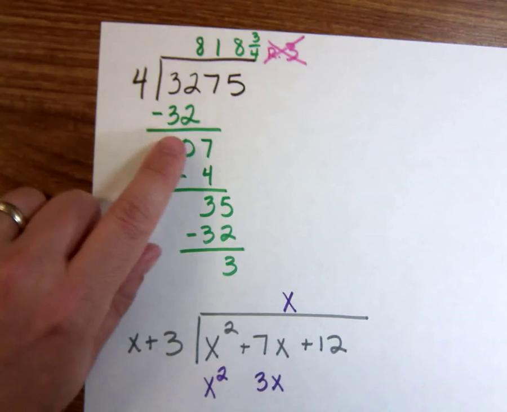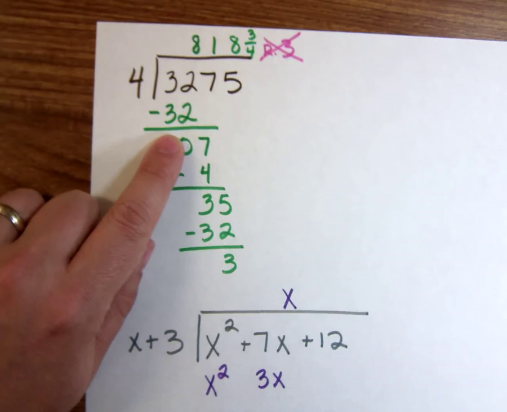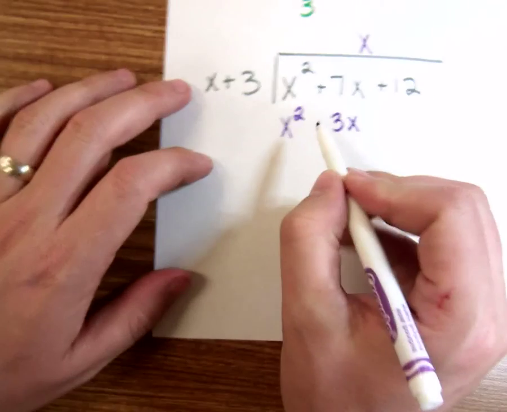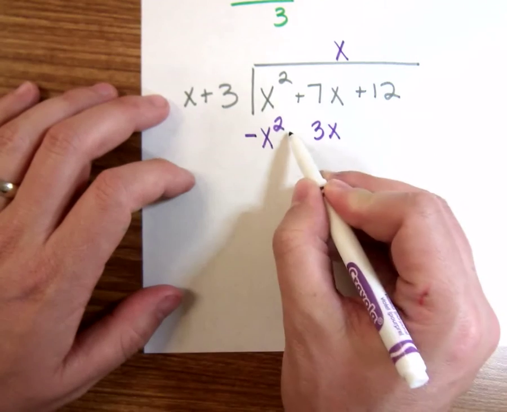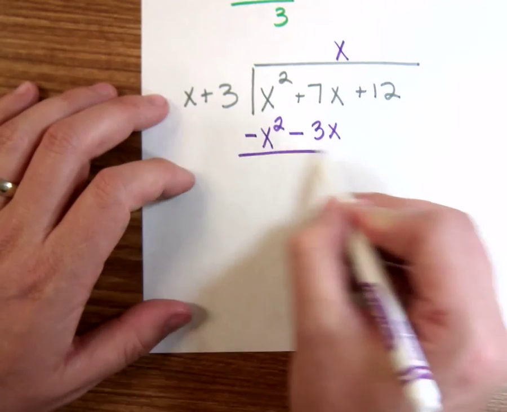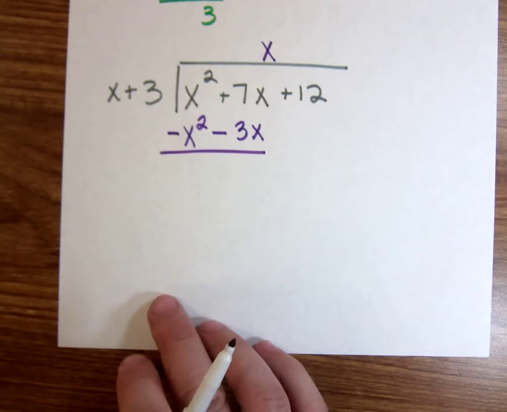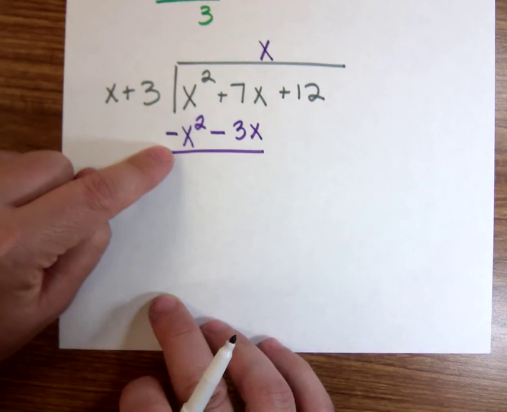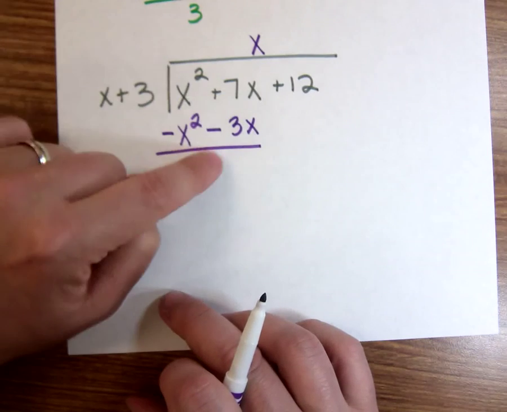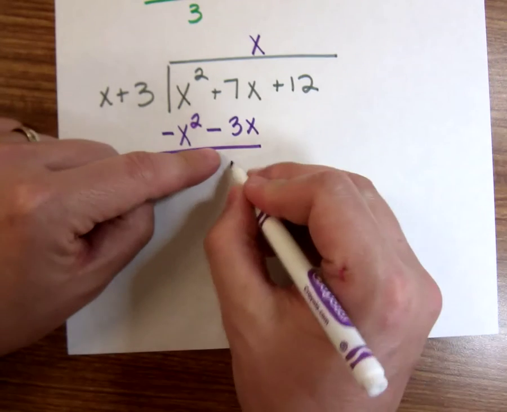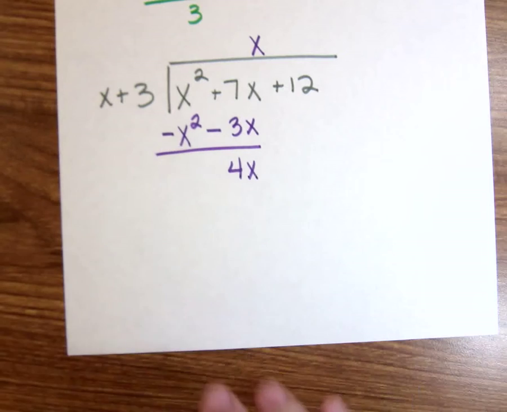Okay, after that, what did we do? We subtracted. So I'm going to subtract both of these. Subtract x squared and subtract 3x. X squared minus x squared is 0. What's 7x minus 3x? 4x.